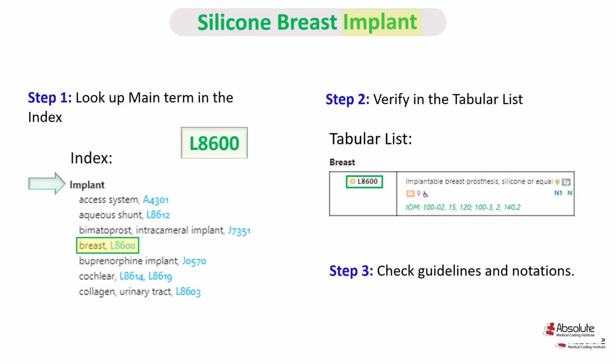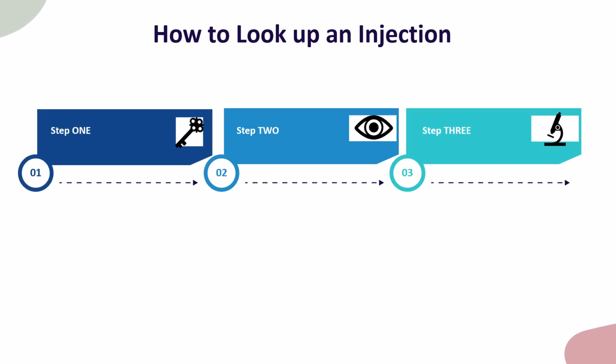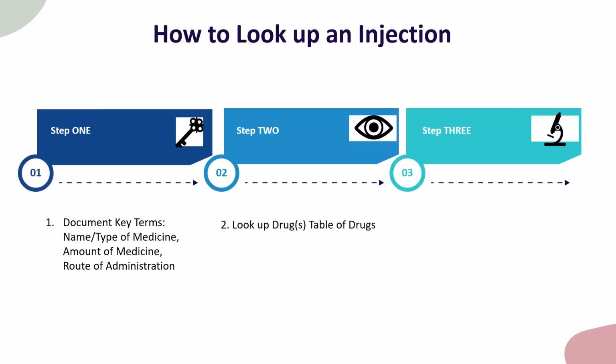I want to show you how to look up an injection. Number one, you will document your key terms. You need to document the name or the type of medication, the amount of medication, and the route of administration.